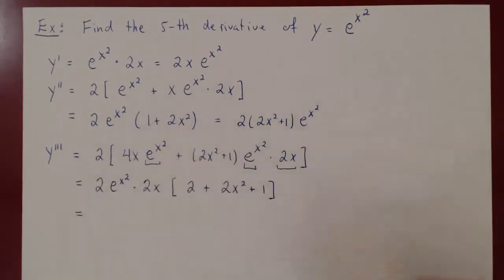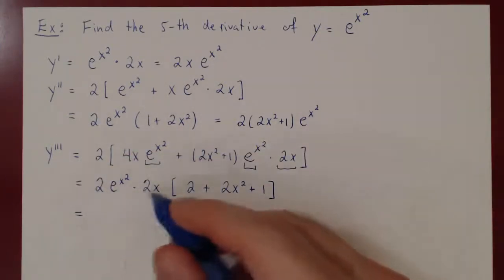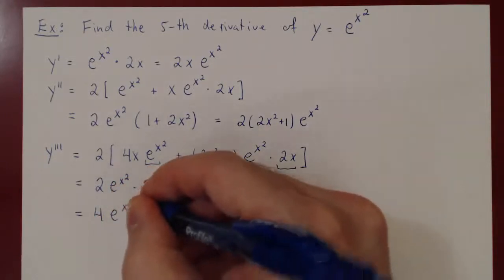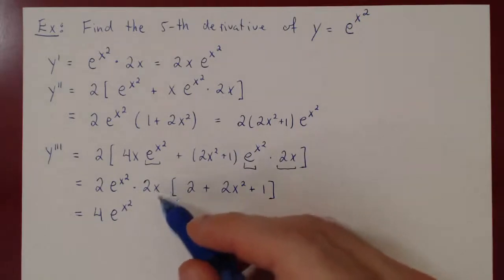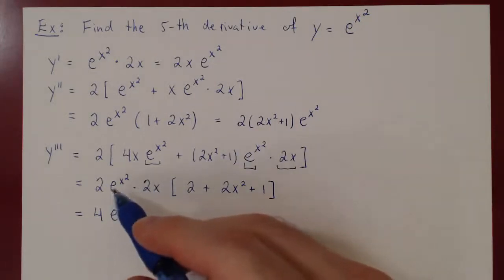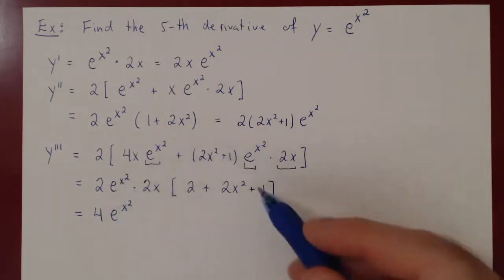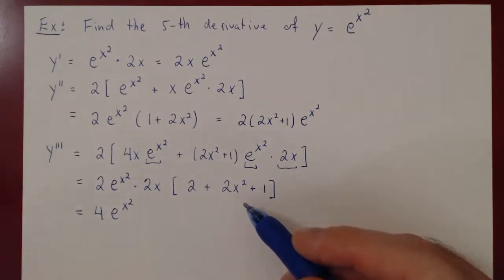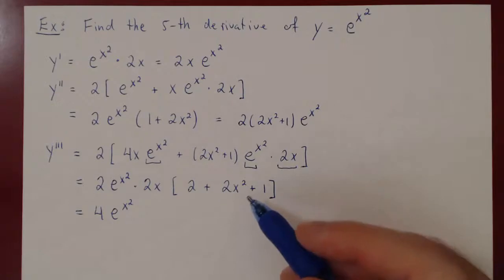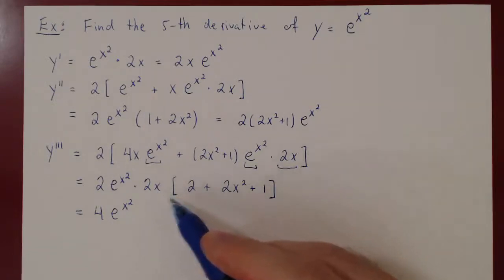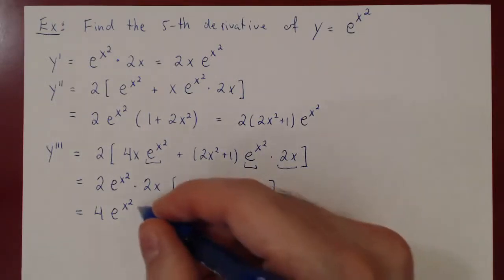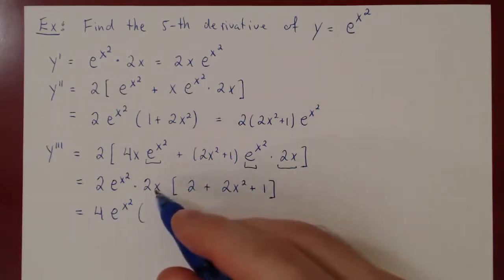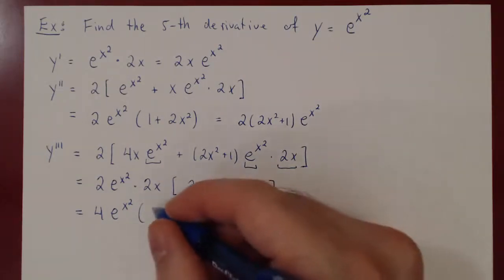So in the end, well, what do we have? We have a 4 up front, e to the x squared. And here, if I leave the x up front, we'll have e to the x squared times x times this. That will give us two products. It would give us the extended product rule, and that's a bit too complicated. So here, we'll bring the x back in. So times 2x squared times x is 2x cubed.